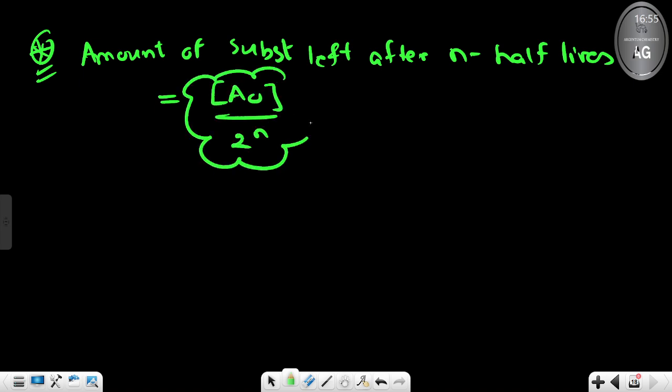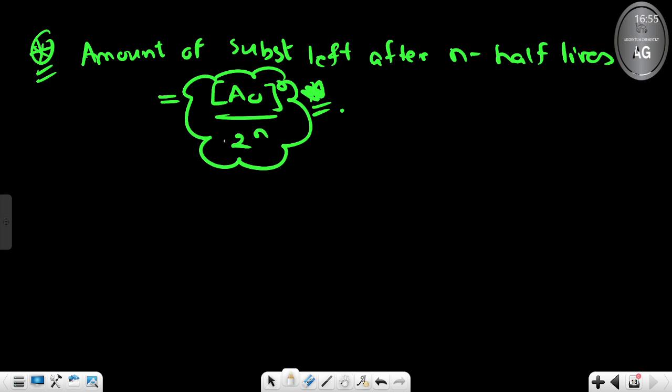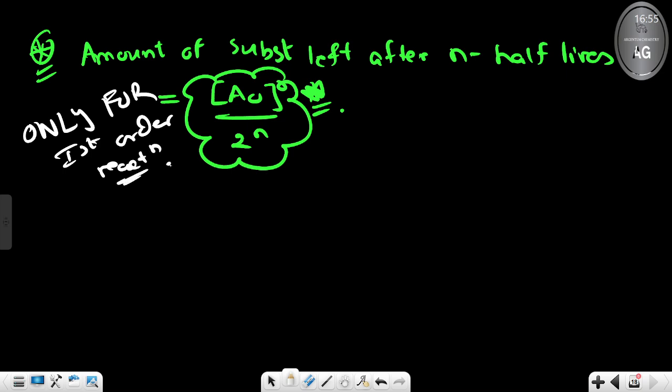Very, very important. So amount of substance left after n number of half-lives will be equal to A0 divided by 2 to the power n. Remember, this is only for first order reaction. Any other reaction, do not apply this, please.